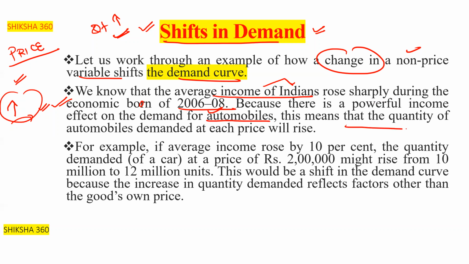This means that the quantity of automobiles demanded at each price will rise. For example, if the average income rose by 10%, the quantity demanded at a price of rupees 2 lakh might rise from 10 million to 12 million units.